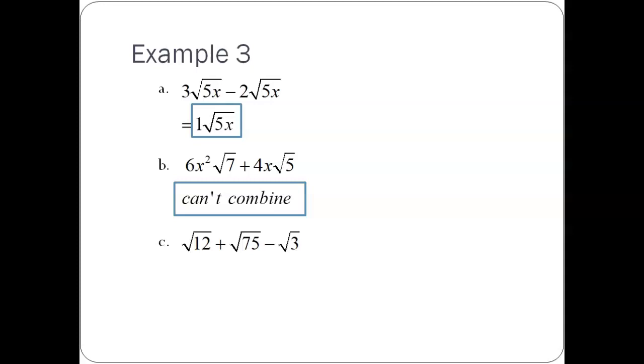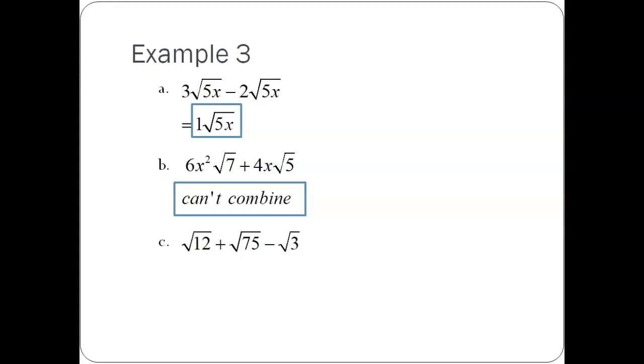So for the square root of 12, are there any factors of 12 that are perfect squares? In this case, yes. 4 is a factor of 12, that's a perfect square. What about for 75? Yes, 25 is a perfect square, that's a factor of 75. So we can go ahead and take those out and simplify both the square root of 12 and the square root of 75 and see if we're able to do anything after simplifying.